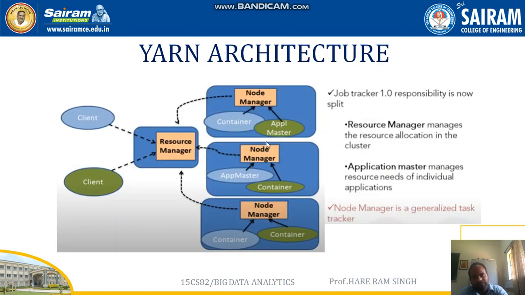Now, the YARN architecture. When YARN was introduced into MapReduce version 2, how did the architecture become? Instead of the job tracker, it is now called the resource manager, and instead of the task tracker, it is called the node manager.